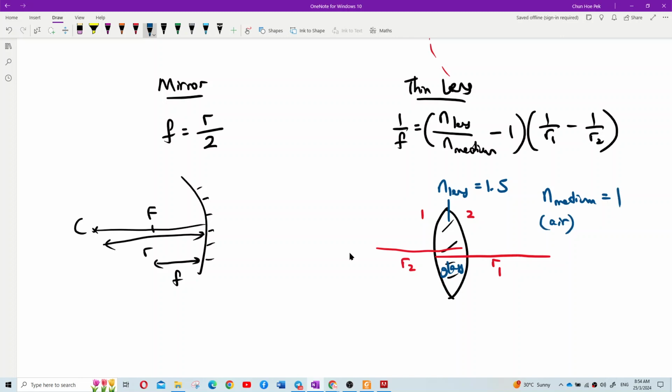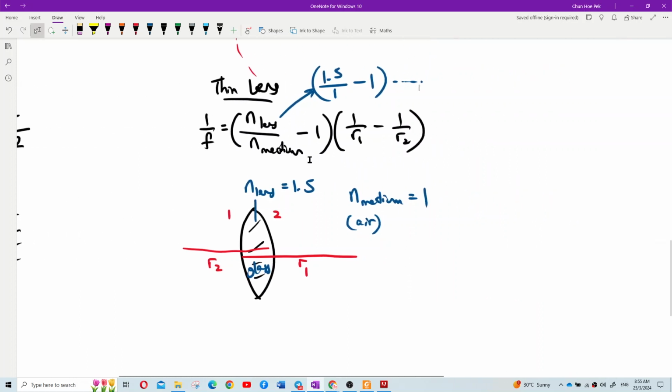So for this part you just put 1.5 divided by 1, and then minus 1, and so on. Understand, class? So it's just the refractive index of the lens divided by the refractive index of the medium, the surrounding. Then minus 1 over radius 1 and so on: you put radius 1 here, radius 2 here, then you can find the focal length.